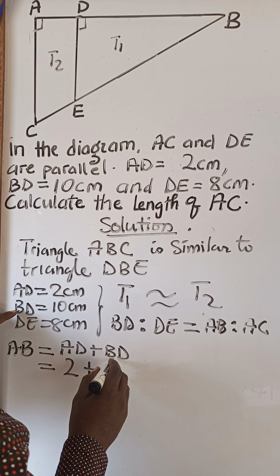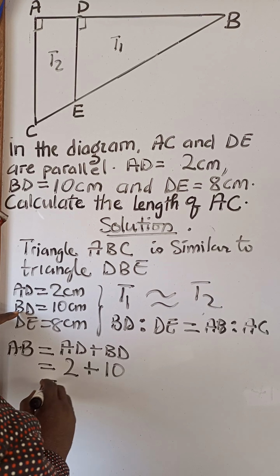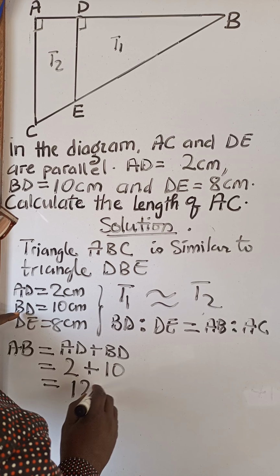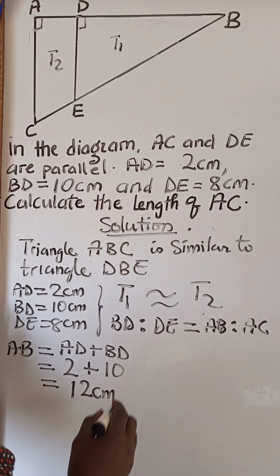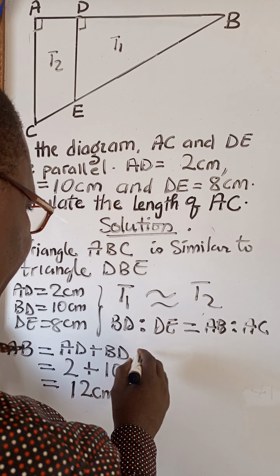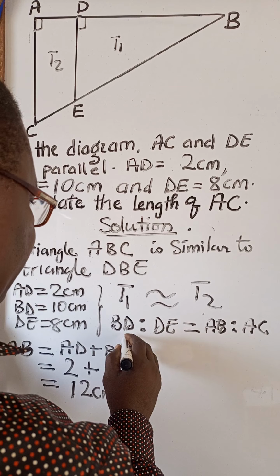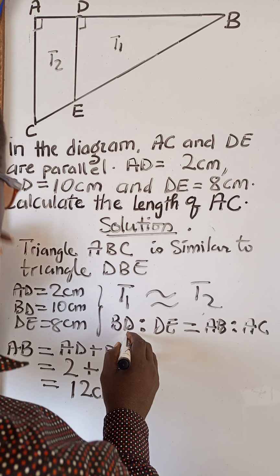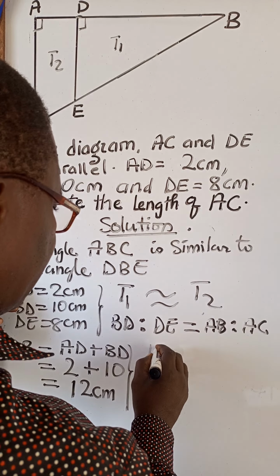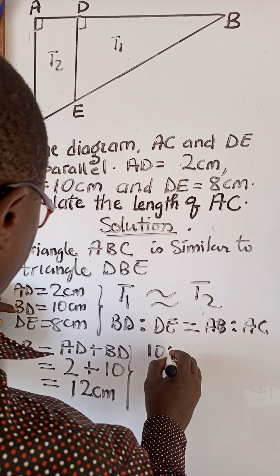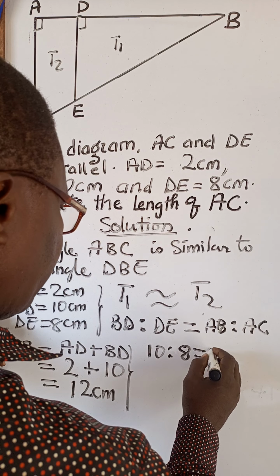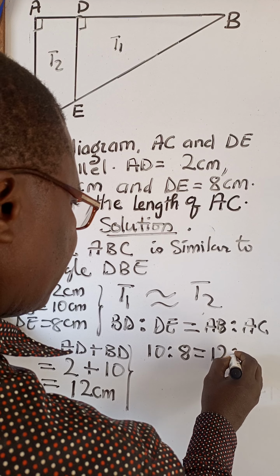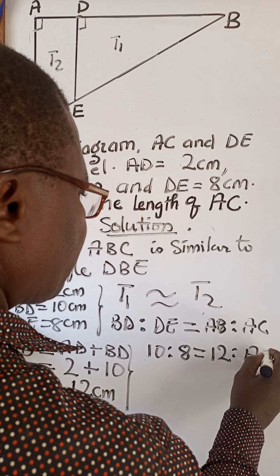Do we know BD? Yes. Therefore, AB is 12 centimeters. So if we put this here, this now means BD, 10, is to DE, 8, must be equal to AB, which we just found to be 12, is to AC, what we are looking for.